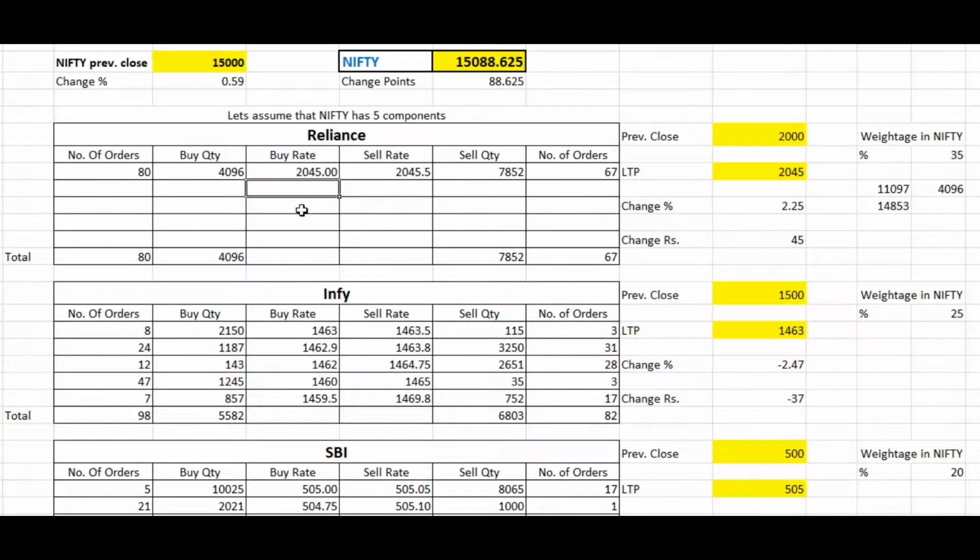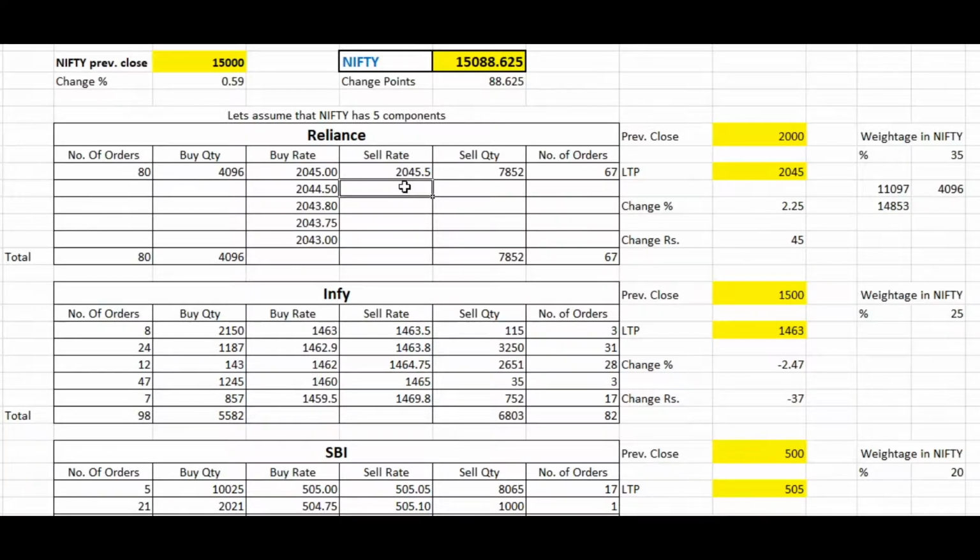Now if the time is 9:08, then 2044.5, 2043.8, 2043.75, 2043, all the rates will be accumulated downside, and the sellers will be those who quoted above 2045 after these particular trades are executed. The rates which were executed are the sellers who quoted the price below 2045.